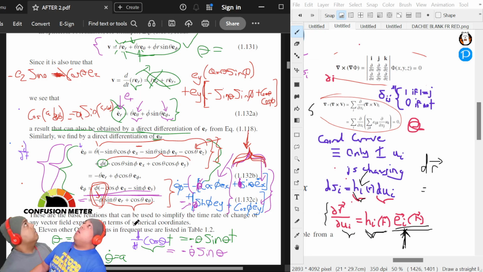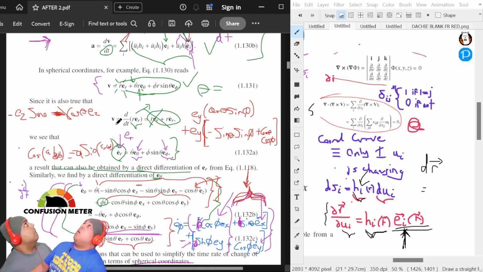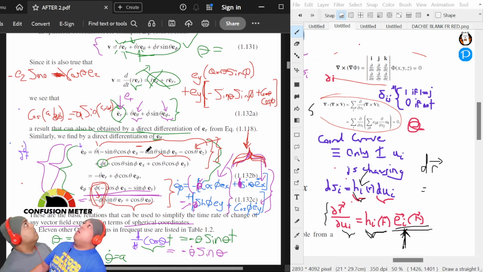Okay, so you have a vector field. It's expressed in spherical coordinates. Time rate of change of a vector field.